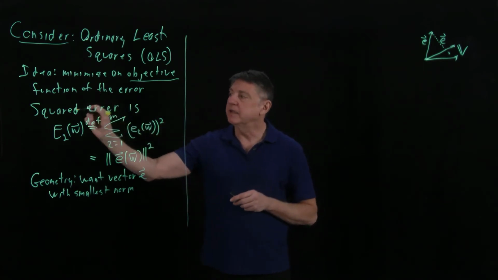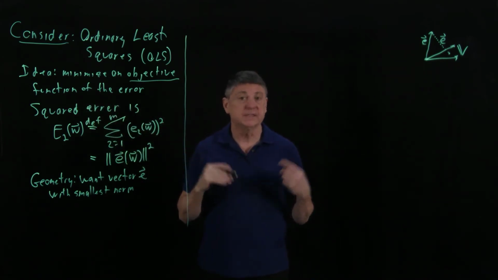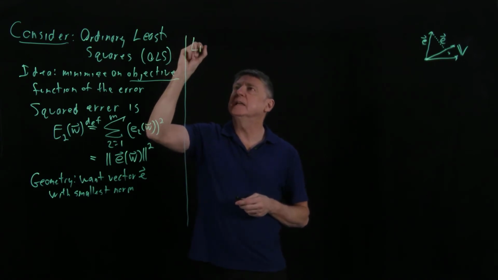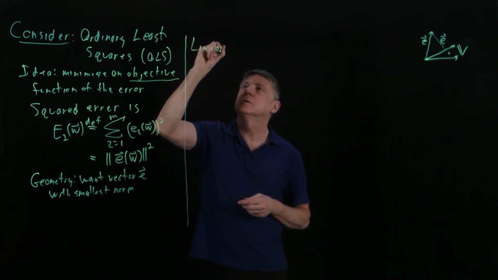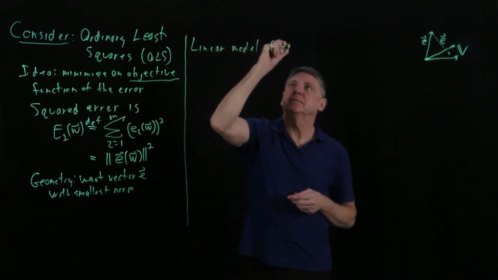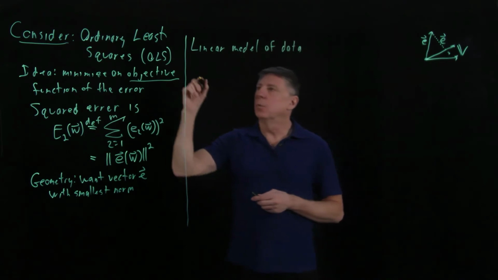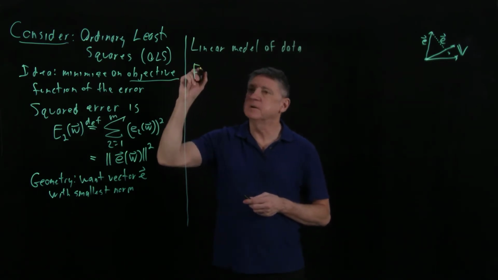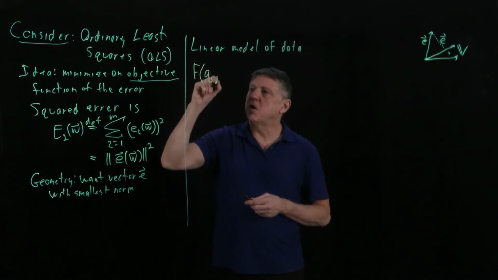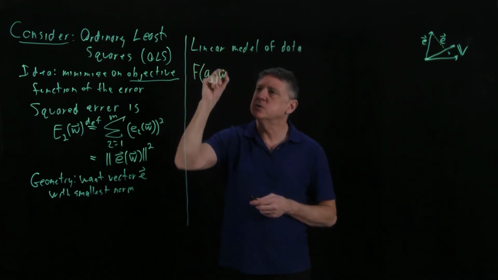One is it uses the squared error, and the other is it's ordinary. And we need a linear model of our data.